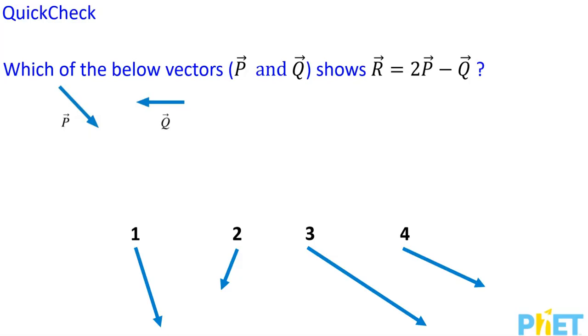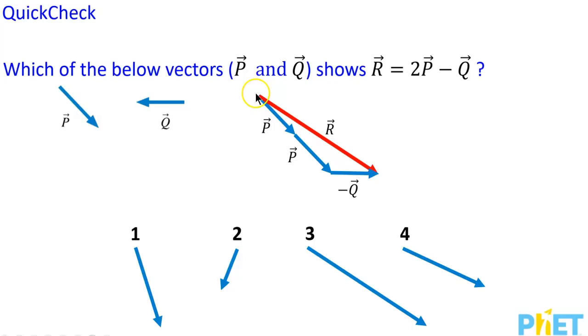Okay, we're back. So, we're going to take 2 of those P vectors, add them together, and then add them to the negative Q vector. The resultant of those 2 P vectors added to the negative Q vector: you started here, you walk down to the right, walk down to the right, then walk to the right.